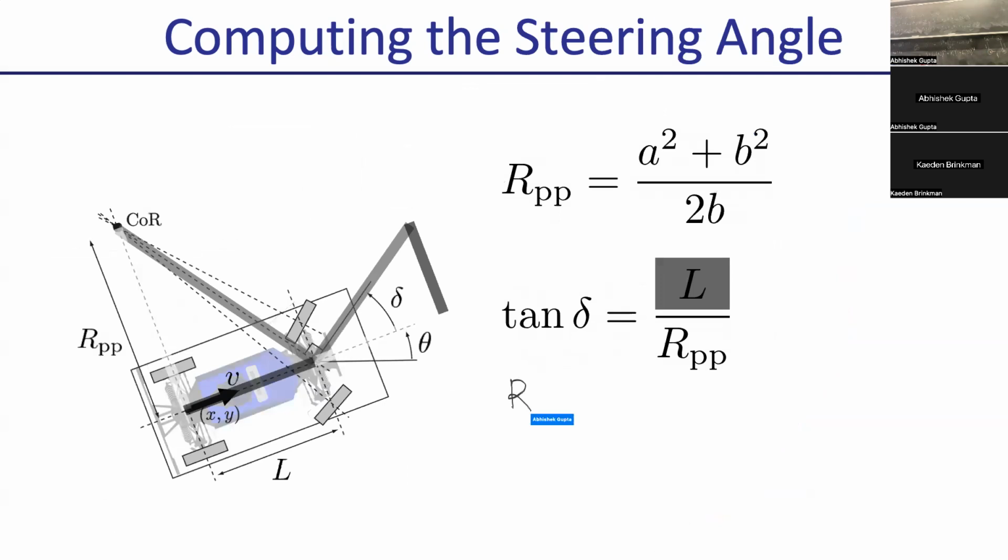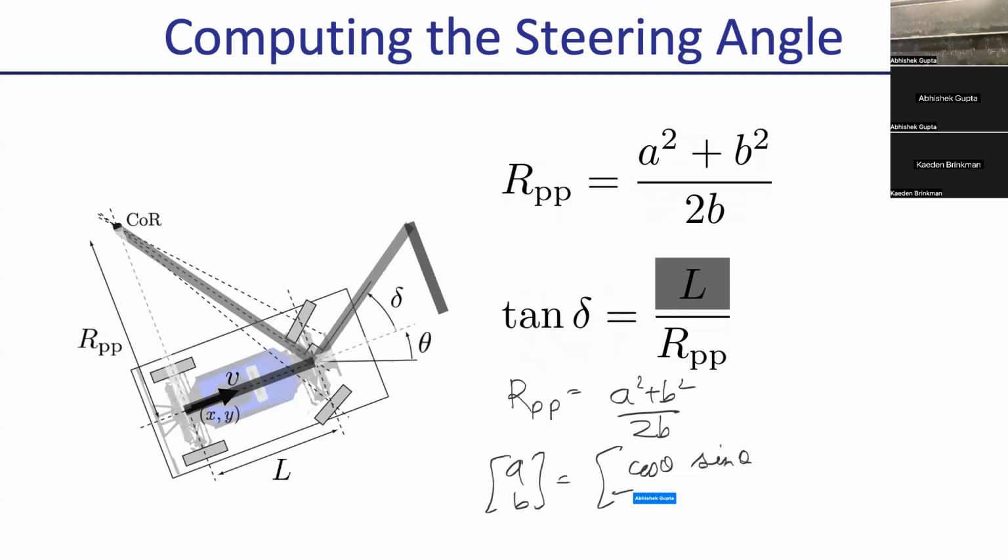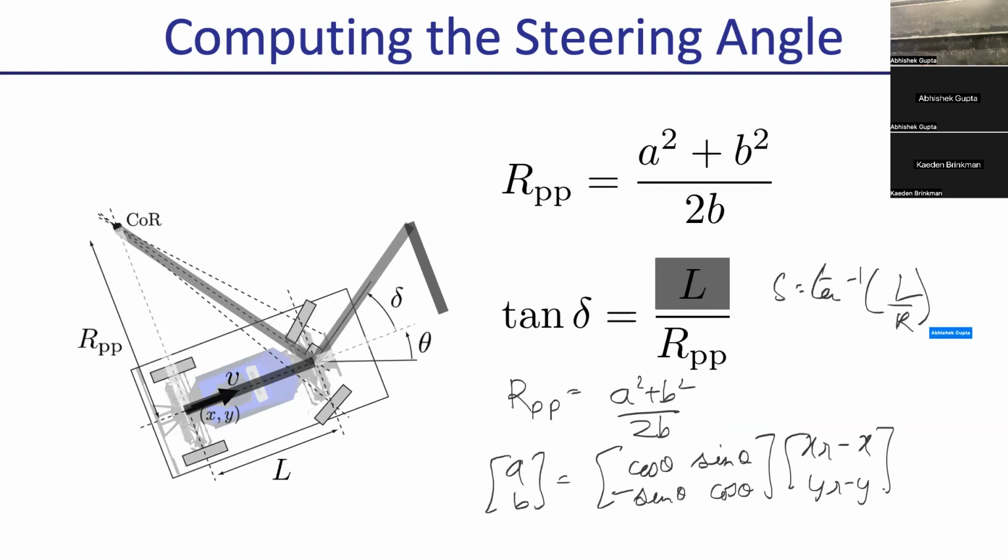We have RPP equal to A squared plus B squared divided by 2B. And we have A and B equal to the rotation matrix cosine theta, sine theta, minus sine theta, cosine theta, times x ref minus x, y ref minus y. This gives you the whole controller, because now you can say delta is equal to tangent inverse of L by R, where R is given by this thing, and A and B are given by this thing.